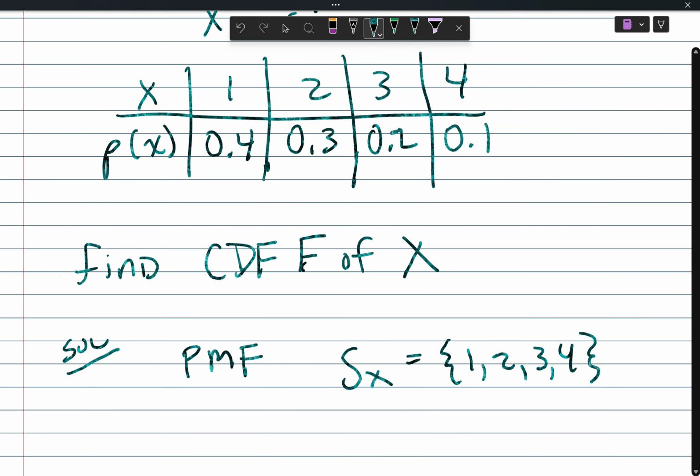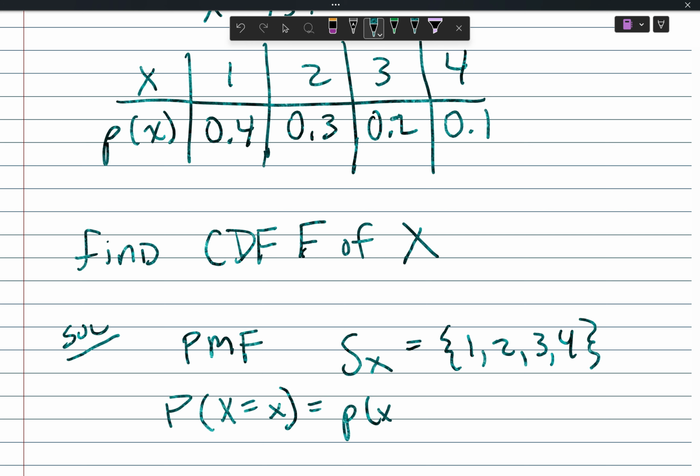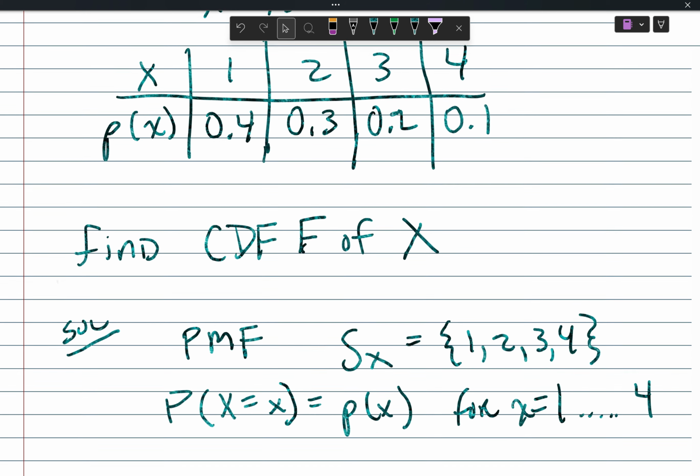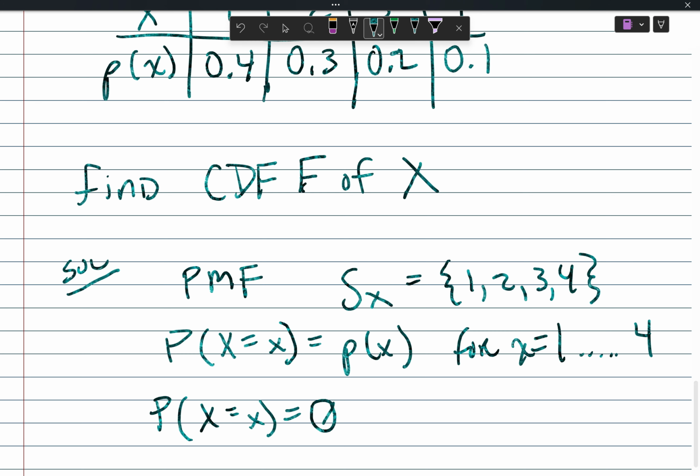So P(X = x) is equal to P(x) for x equals 1 to 4, and P(X = x) is equal to 0 for all other x values.